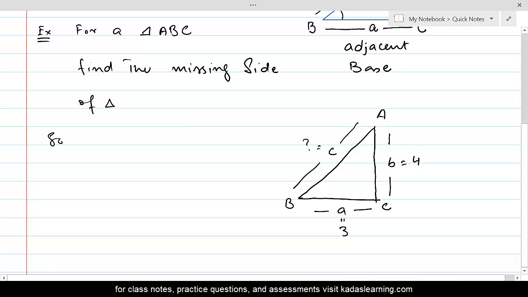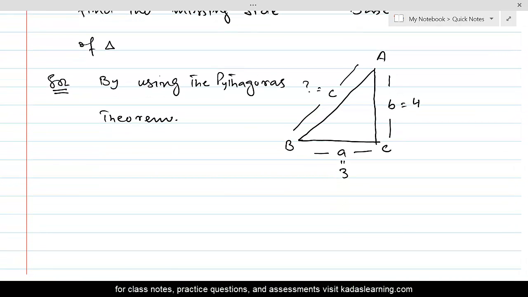So solution by using Pythagoras theorem, we know that C square is equal to A square plus B square.